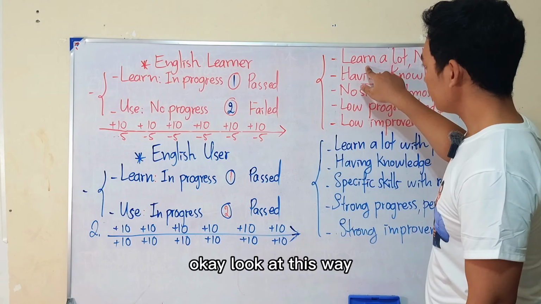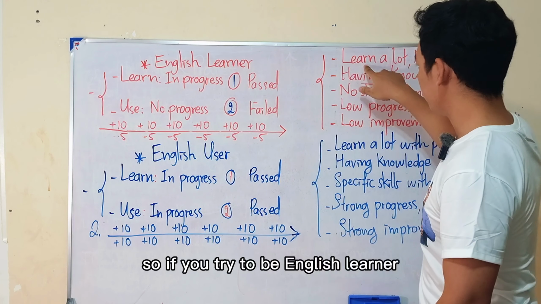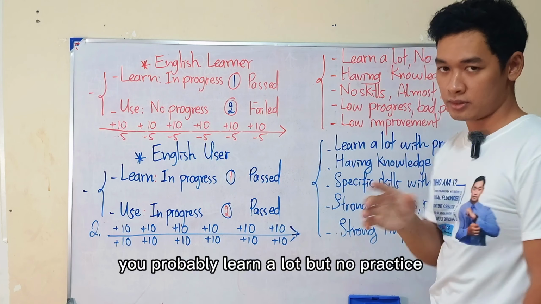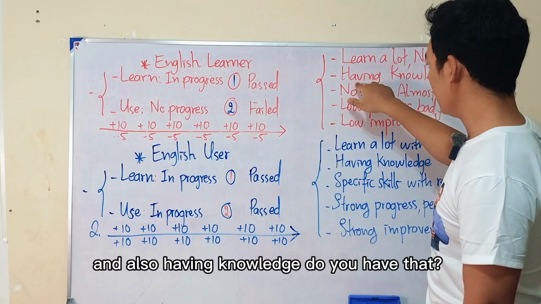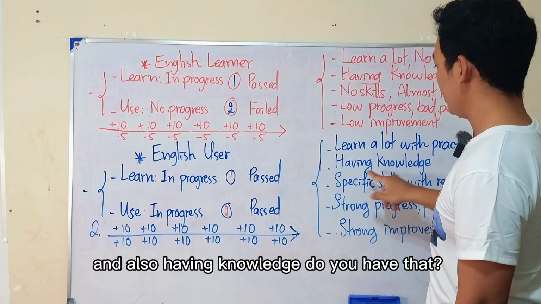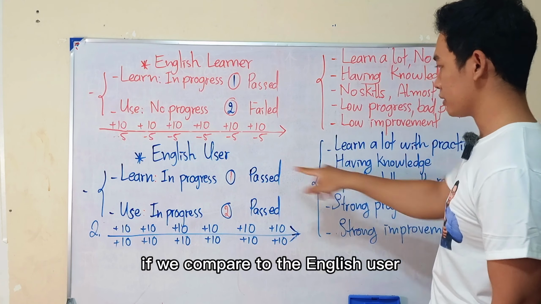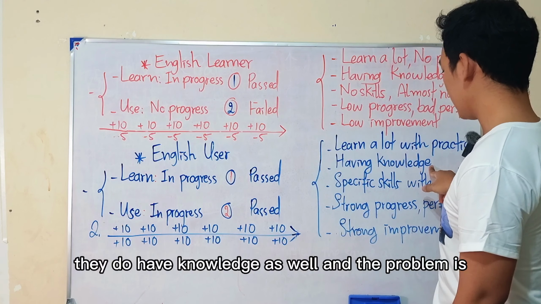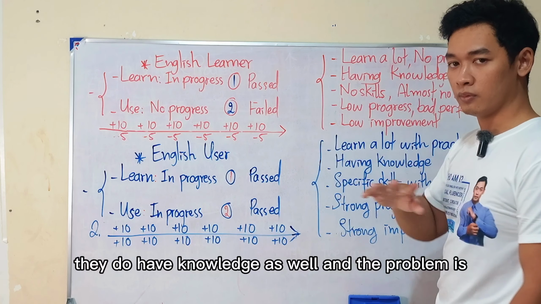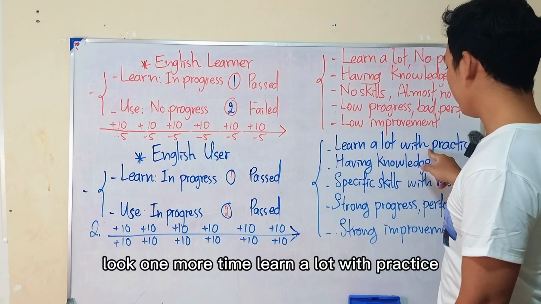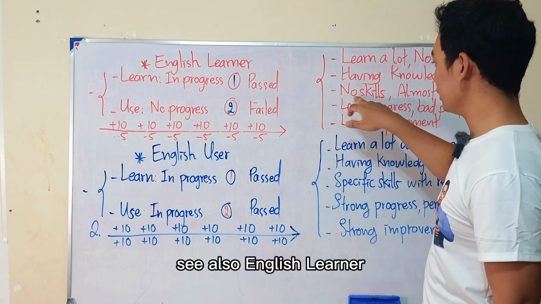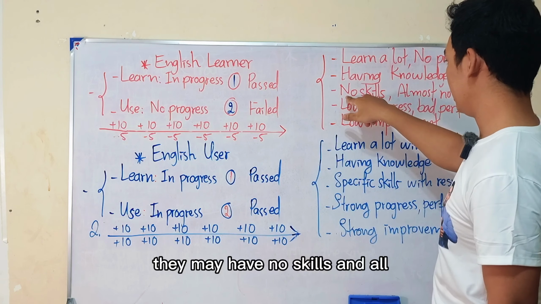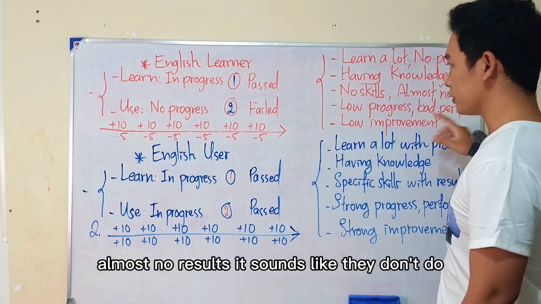Look at it this way. If you try to be an English learner, you probably learn a lot, but no practice. That would be the problem. And also having knowledge, you do have that, but the English user has knowledge as well. The problem is, look one more time, learn a lot without practice, see? Also the English learner may have no skills and almost no results.